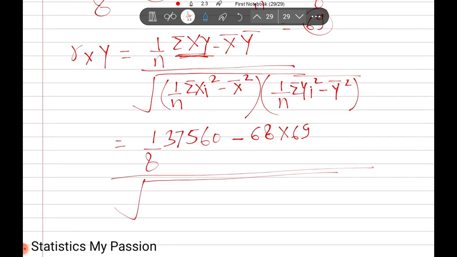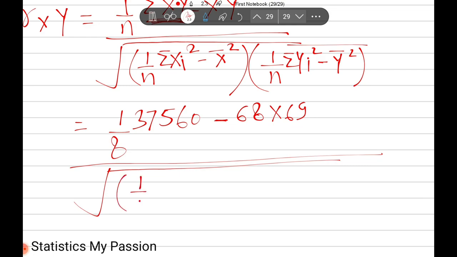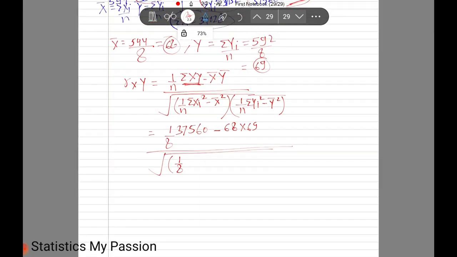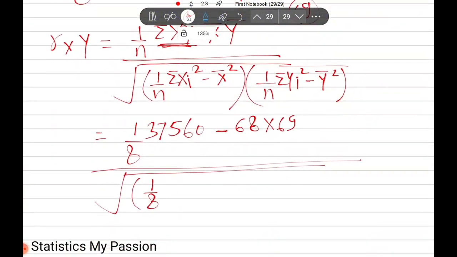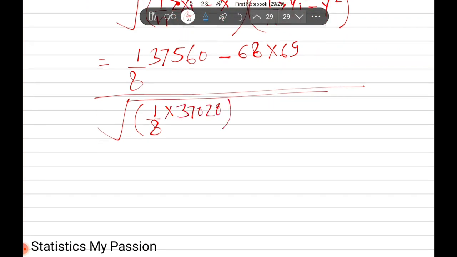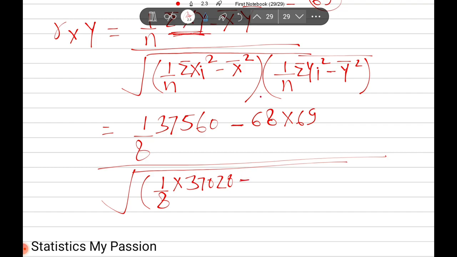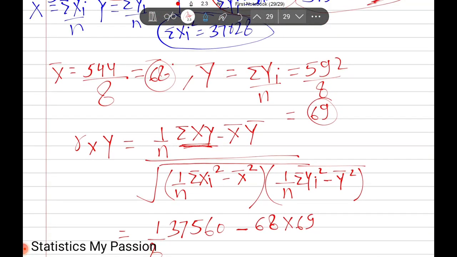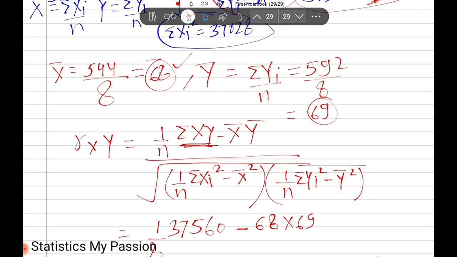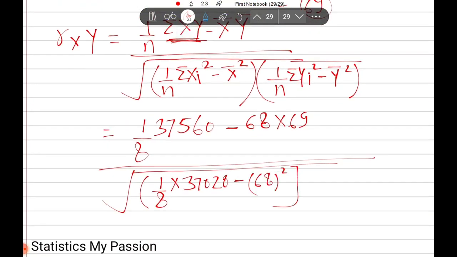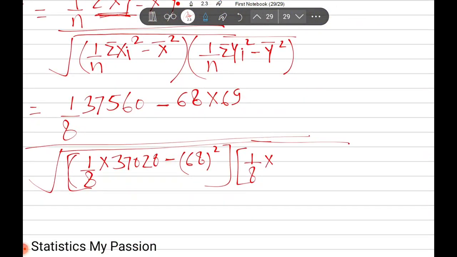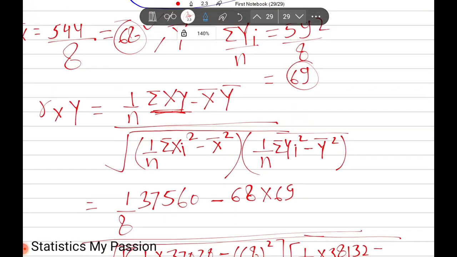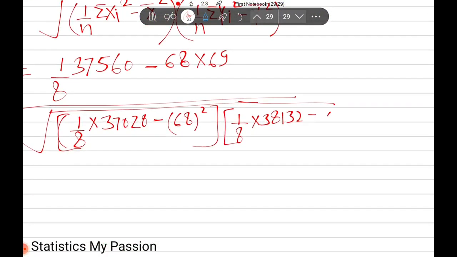Then 1 upon 8 sigma xi square, which is 37028, minus x bar square, that means 68 square. And similarly 1 by n sigma yi square is 38132 minus y bar square, y bar is equal to 69, so 69 square.